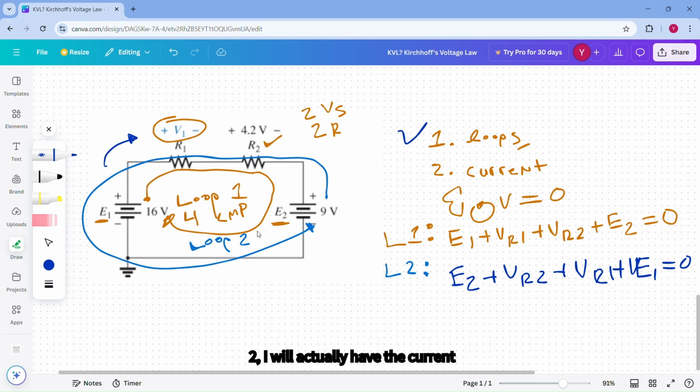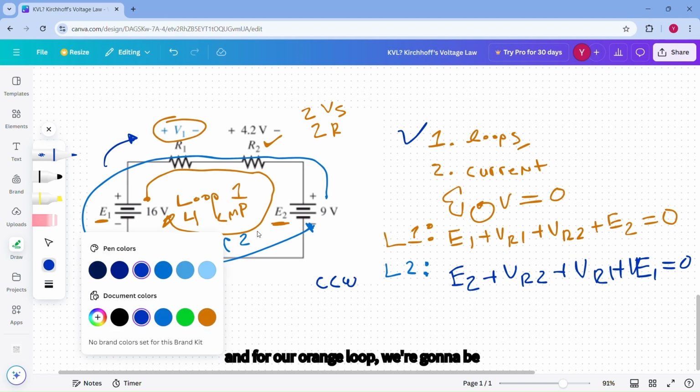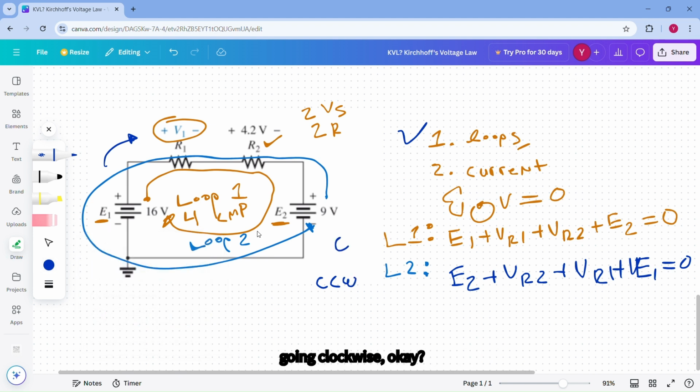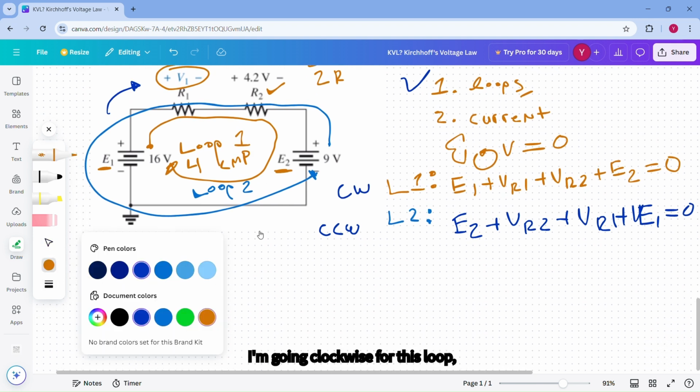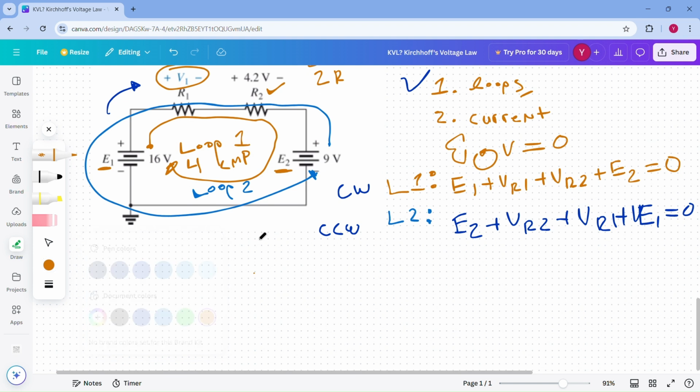In loop 2, I will actually have the current going counterclockwise, and we'll see it doesn't matter which direction I choose as long as I'm staying consistent with my voltage rises and my voltage drops. So let me write that here. This one's going to be going counterclockwise, and for our orange loop, we're going to be going clockwise.